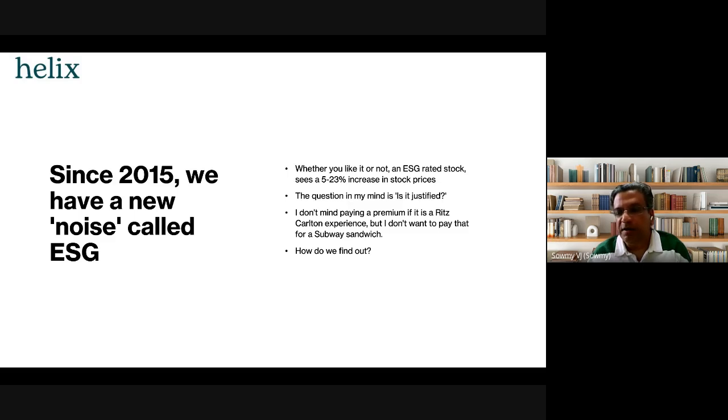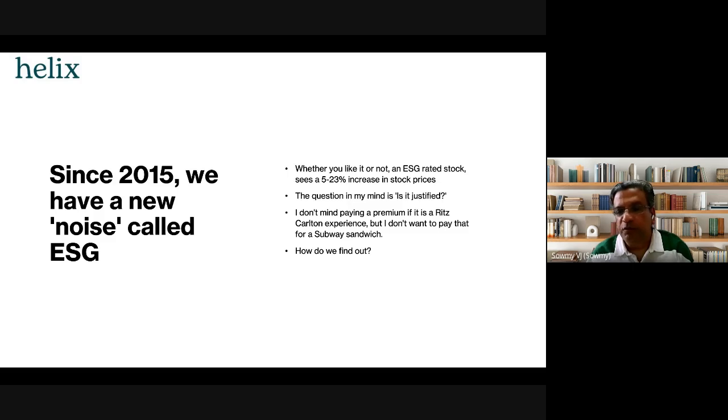Among the peers, identify at least one peer that is not ESG rated. Then create a table with the name of the stock, the ESG rating, and the price to earnings ratio over average earnings over 5 years.